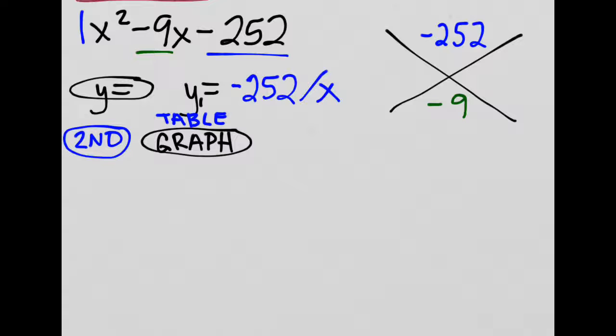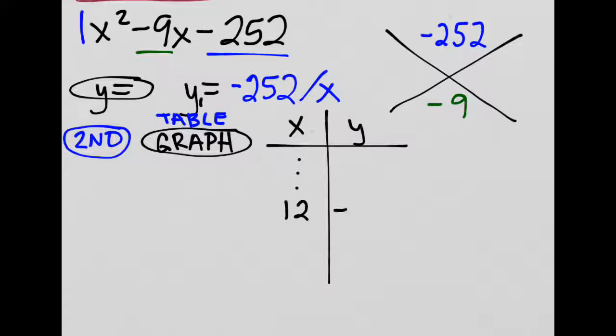When you do that, it'll take you to a table of values that are on your graph, and they include factors of negative 252. So there'll be an x column, a y column, and it'll have lots of numbers in there. One combination should be positive 12 and negative 21.